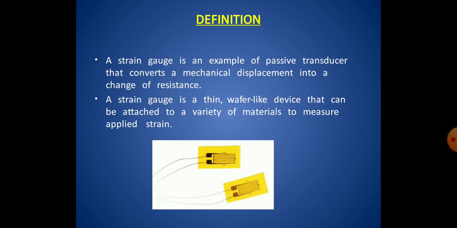Strain gauge is an example of a passive transducer. Transducer means it converts one form of energy into another form, such as an electrical signal.